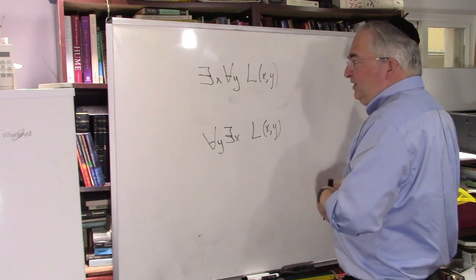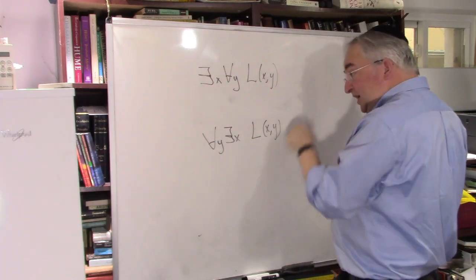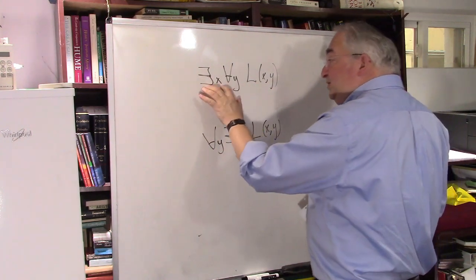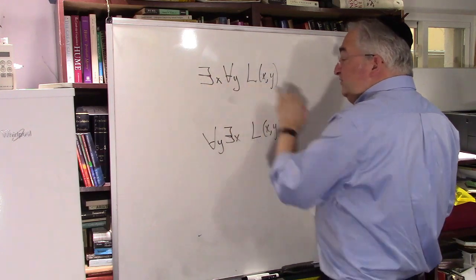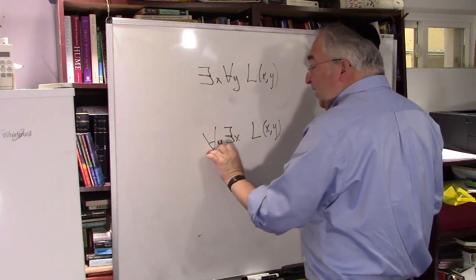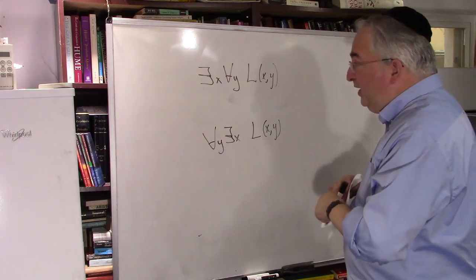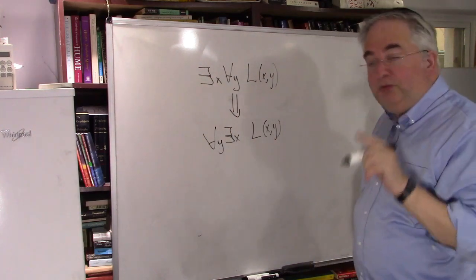But it's different than this. This says there is some person that loves everyone. This says for every person there's someone who loves them. So Mother Teresa would satisfy this. She's one person who loves everybody. Now we're going to see later on, in fact, that this implies this. Let's go through why.